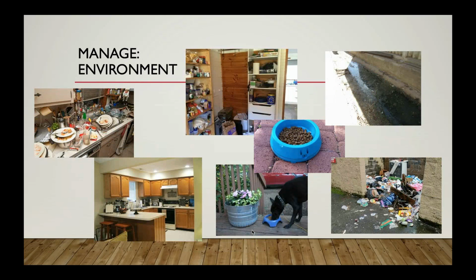Okay, so the environment. These are some pretty extreme environments and some pretty standard environments. You will know what your client's environment is like. If there is food always available, then pests will become a problem and you pretty much can't stop it. Have a look at some of these here and you'll see the food is going to be always available. Now imagine trying to use a cockroach bait in those areas.